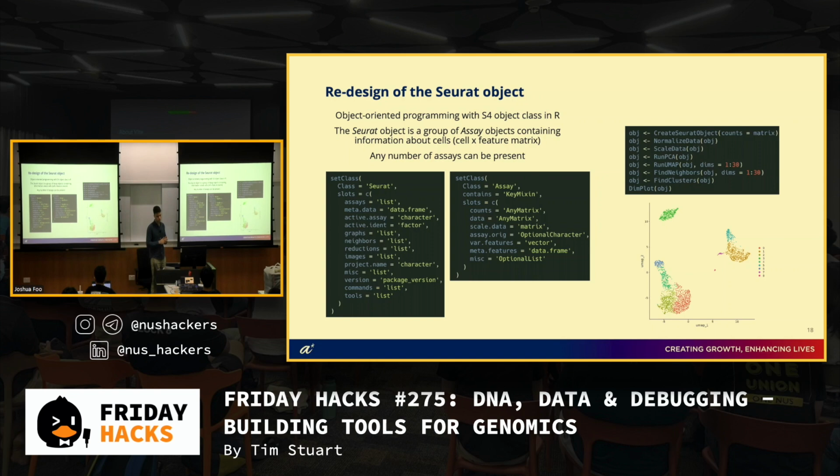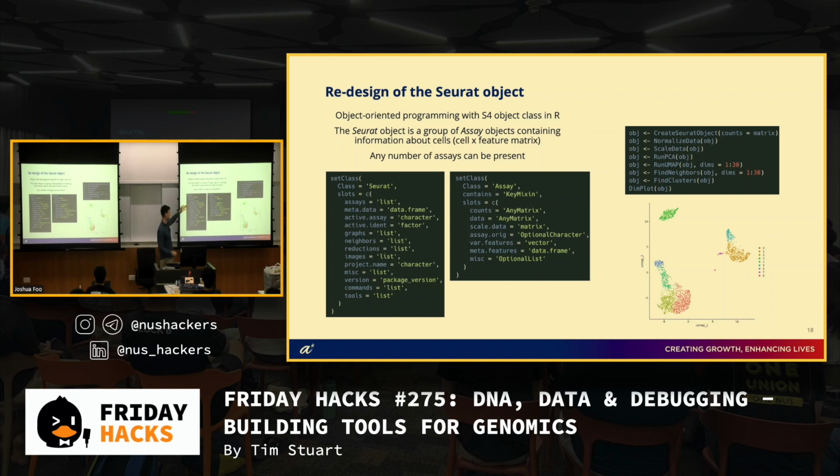The original version was built with the assumption that you just have one matrix and that's all. So we wanted to make this more flexible, so we redesigned it using these S4 object classes in R. The way this works is we define this class that we call the Seurat class, which has different slots for different sources of information.